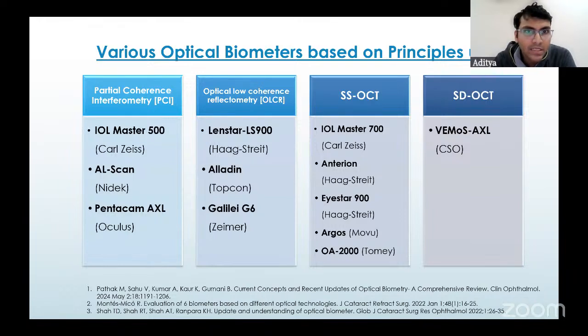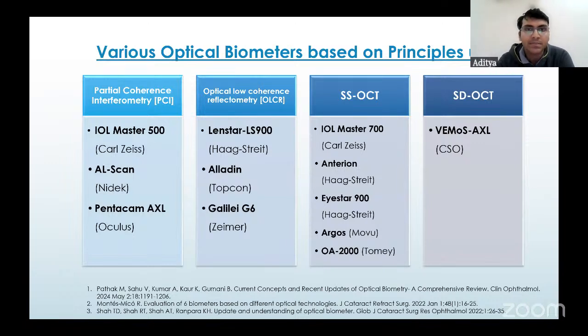Under OLCR, there are Lenstar LS 900 by Haag-Streit, Aladdin by Topcon, Galilei G6 by Ziemer. Under SS-OCT, we have IOLMaster 700 by Zeiss, Eyestar 900 by Haag-Streit, Argos by Movu, and OA-2000 by Tomey. And the recent addition is SD-OCT based, which is the Voyager AXL by CSO.